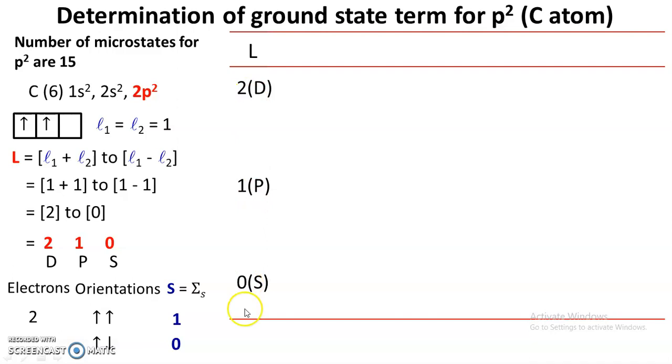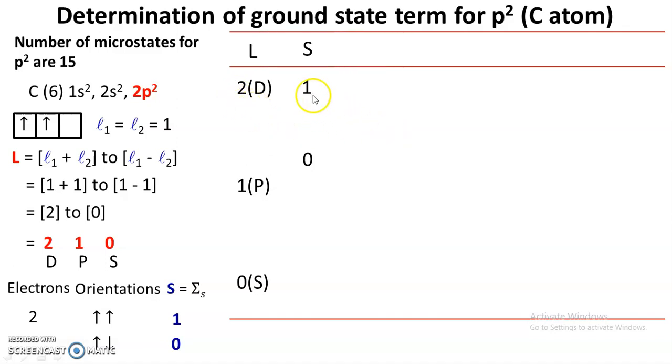These are the L values, L equal to 2, 1 and 0, and the corresponding state symbols D, P, S. Now the S value can be 1 or 0. So these are the 2 S values. Each S value couples with the L value.